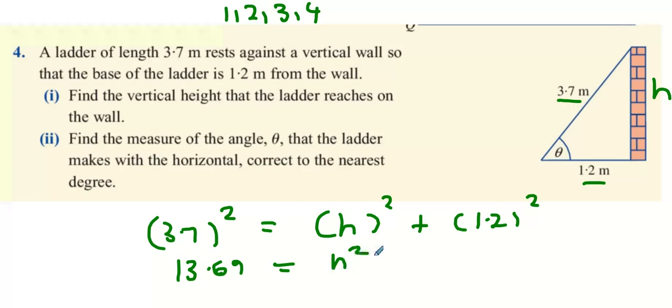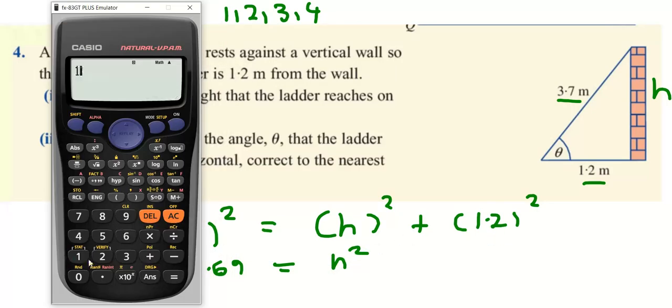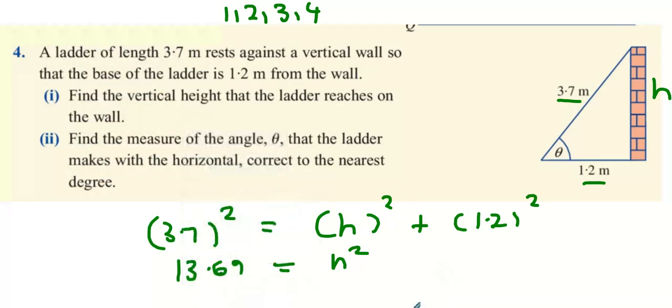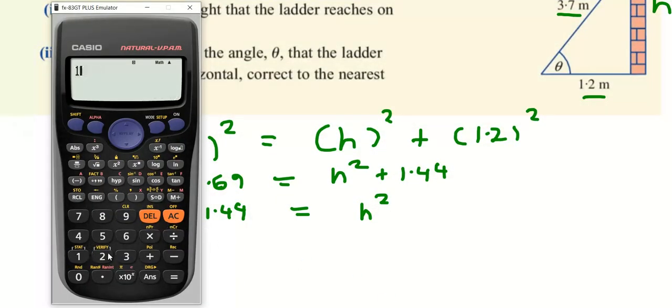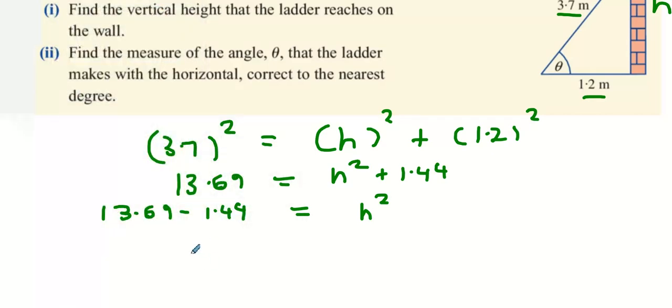We have h squared here, and then 1.2 squared, which is 1.44. Then we're going to do 13.69 take away 1.44, because the 1.44 is addition on the right, which means when it travels to the left-hand side of the equals, it becomes a negative. So it's 13.69 take away 1.44, and lo and behold, what we get here is 12.25.